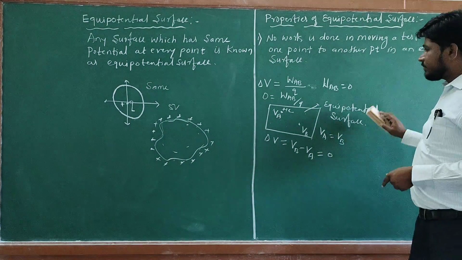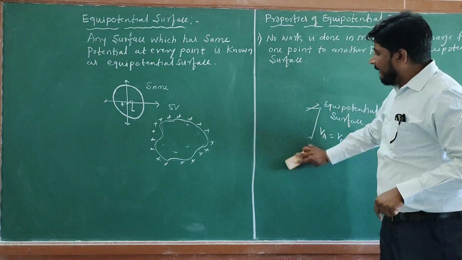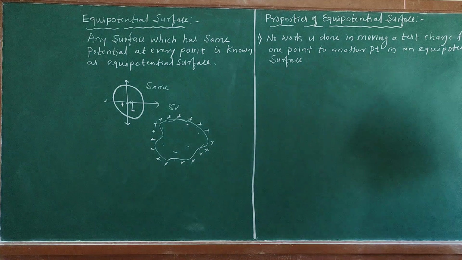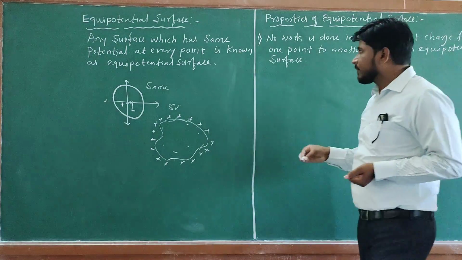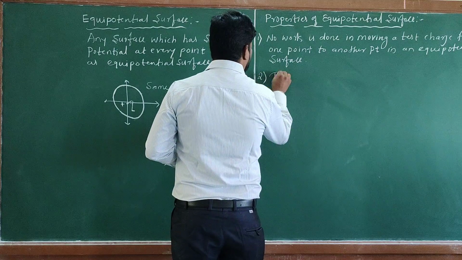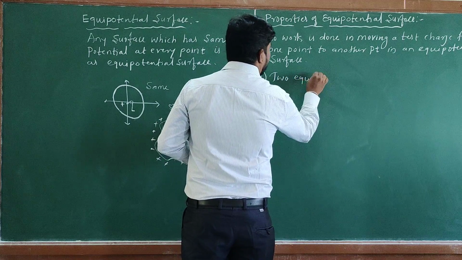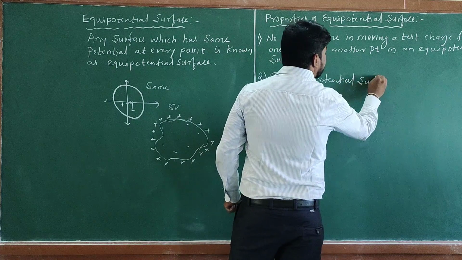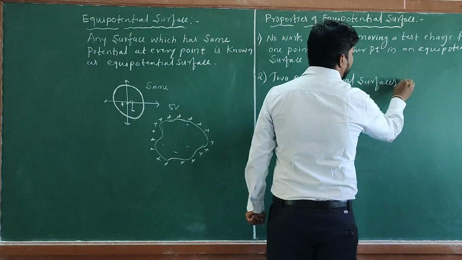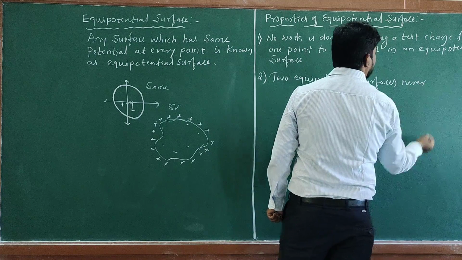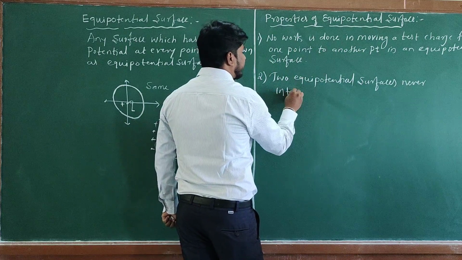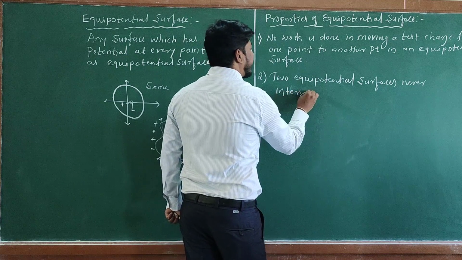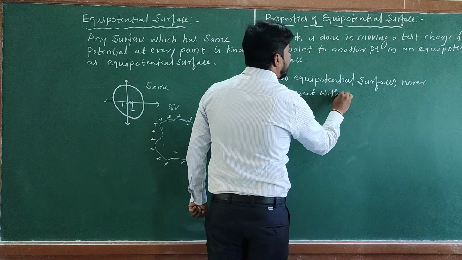Alright? So, the second property says that two equipotential surfaces never intersect with each other.